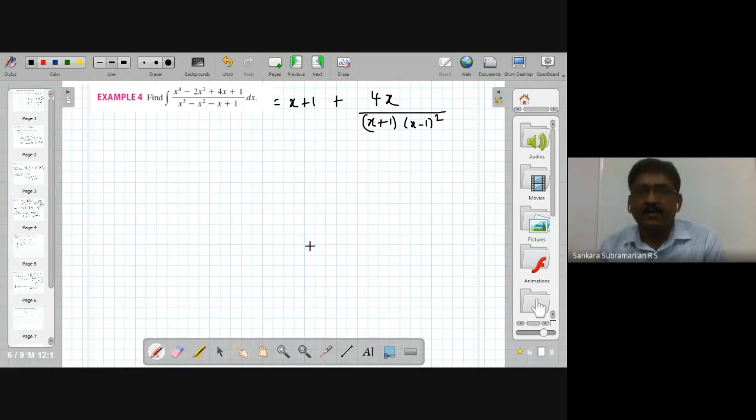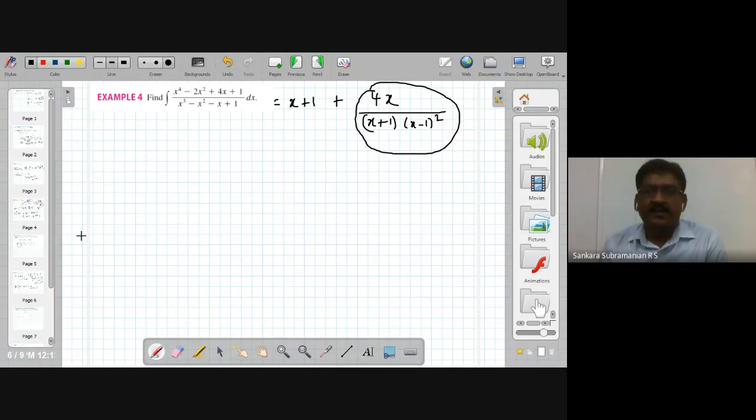So where do I have to go for partial fractions? I want to split this further into partial fractions. You see the degree of the numerator is 1 and the denominator is of degree 3.